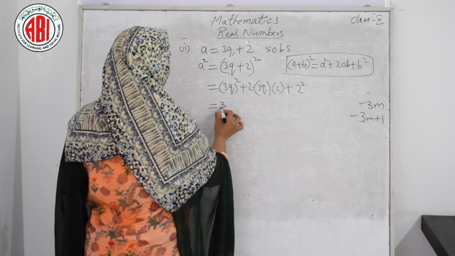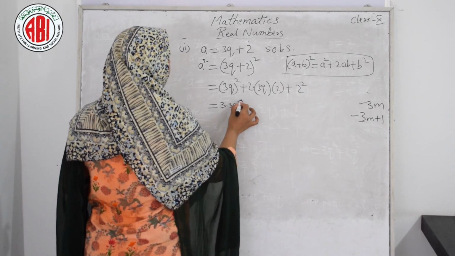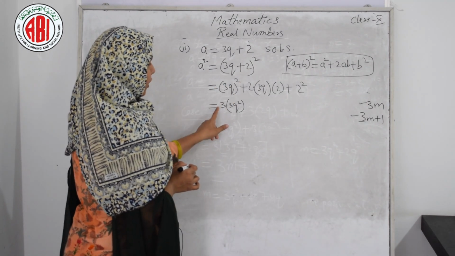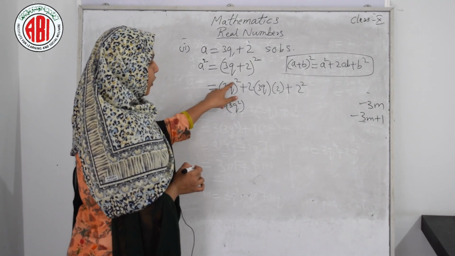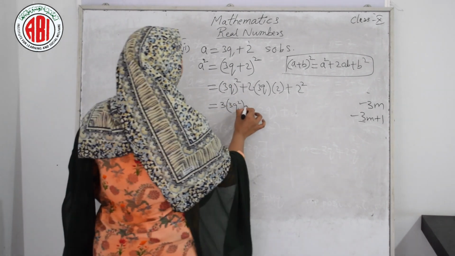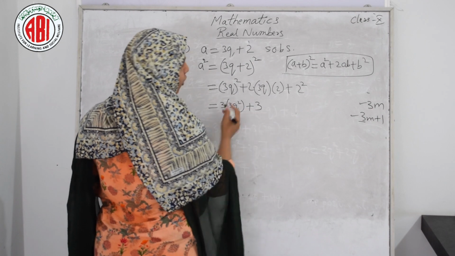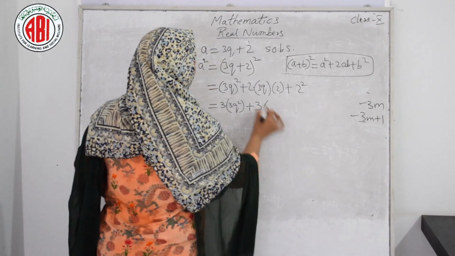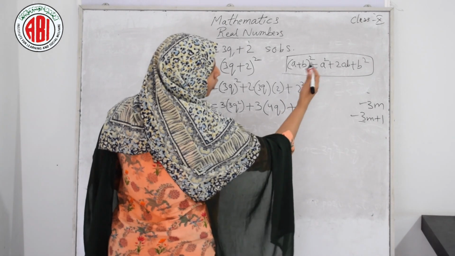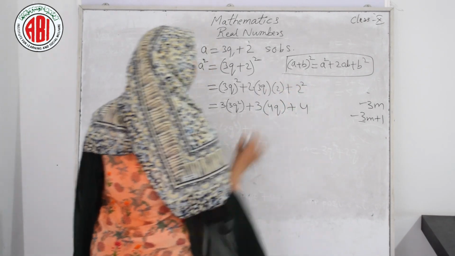Now (3q) square means 3 into 3, q also gets square. q square we are not splitting, we are writing as it is. Plus again, we are taking 3 common because we have to prove in this form. 3 into 2 into 2 into q, plus 2 square is 2 into 2.